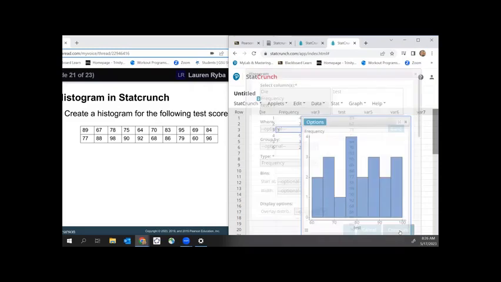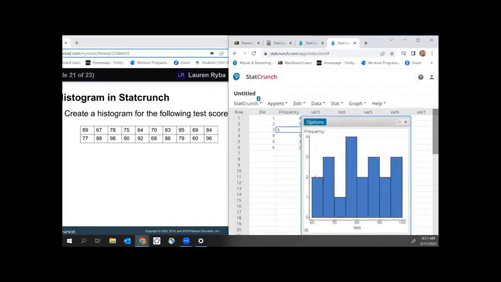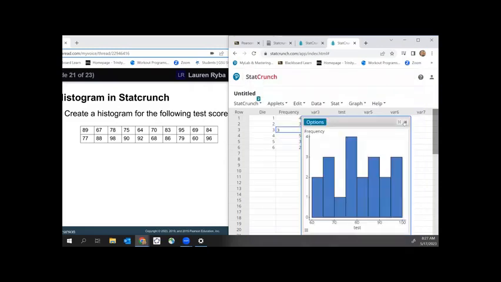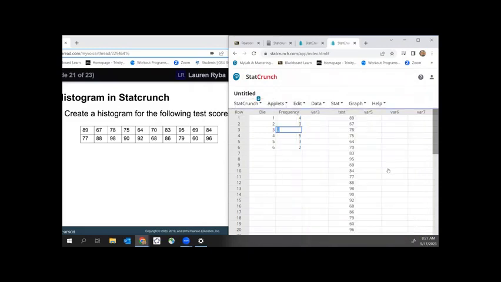I kind of like this one better, but you can see here why that makes sense. 2 plus 3 is 5. 1 plus 4 is 5. 2 plus 3 is 5, and 2 plus 3 is 5. So if your homework asks you to do a specific start and width, you can do those here. We don't want that one. Okay, so that's a histogram.